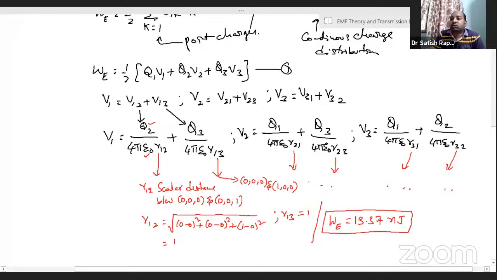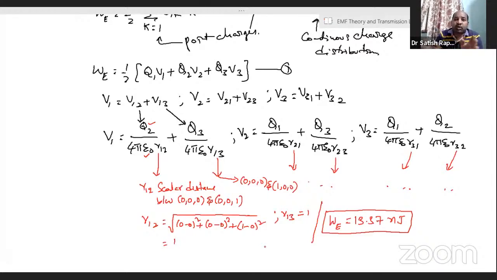Within 2 to 3 classes we are going to complete this chapter, and next week, in the third or fourth class, we are going to enter into magnetostatics. Once the electrostatic field is over, the magnetostatic field is easy, because whatever topics we have discussed with respect to electric field, the same topics we will discuss with respect to magnetic field.